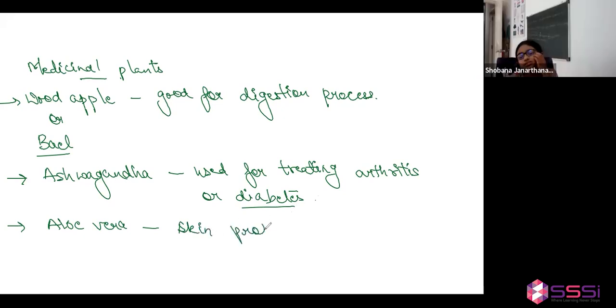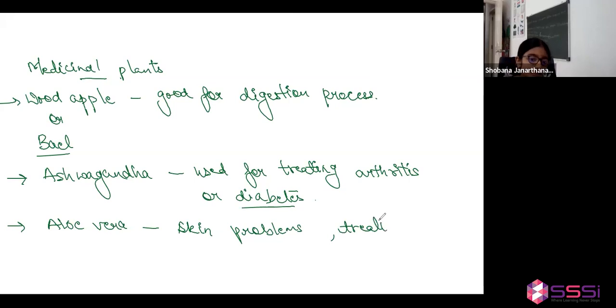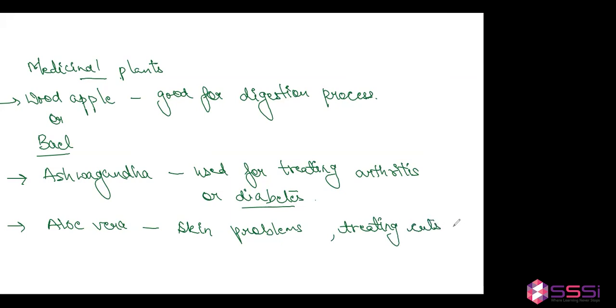Yes, many times we have skin problems. Ma'am, in my house, in my balcony, we have aloe vera, and sometimes my mother puts it on her face. Yes, it's good for the skin, and for treating cuts and burns. Okay, ma'am.